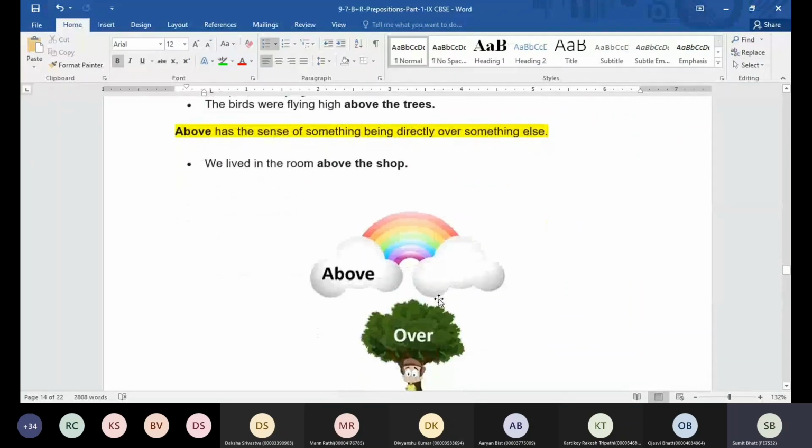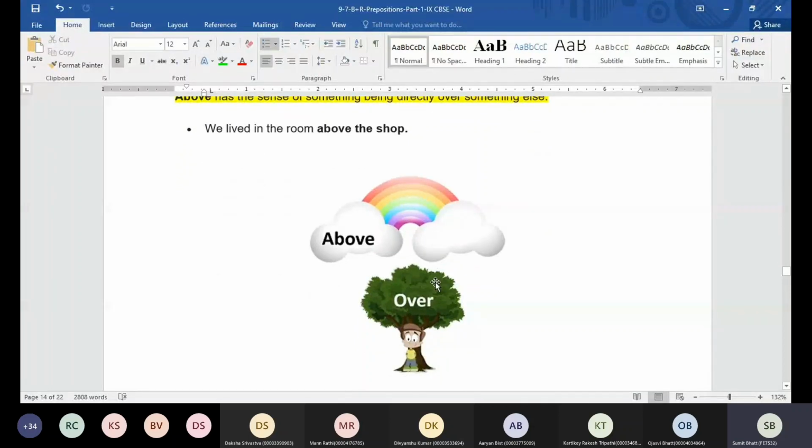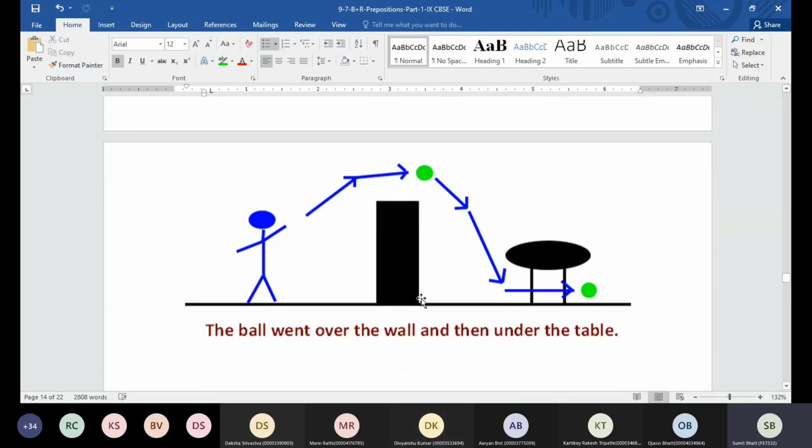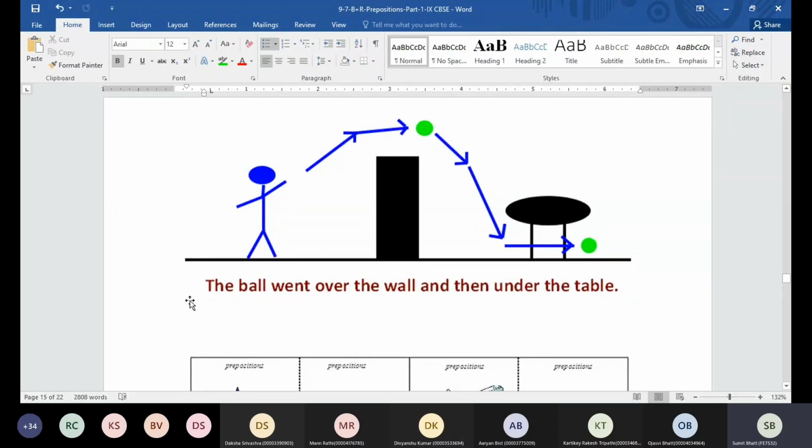If you see this particular picture, you can find the difference between over and above. Over means there is a slight gap, hardly any gap between two things, and above is when there is a huge gap between two things. So we can say there are clouds above me, or we can say there is a tree over me. That's the difference. We can see this picture: the ball went over the wall and then under the table.